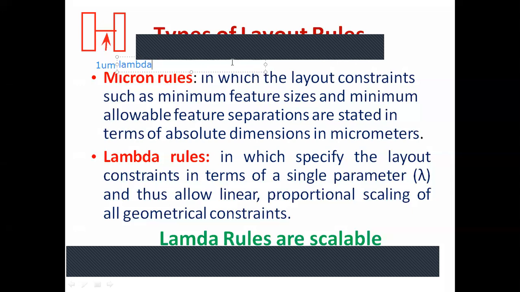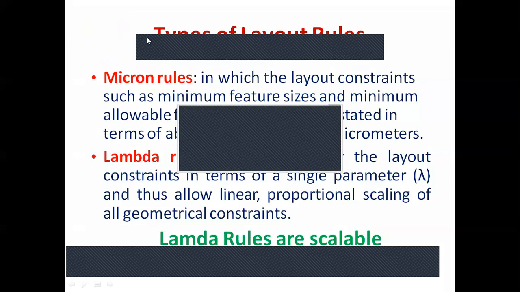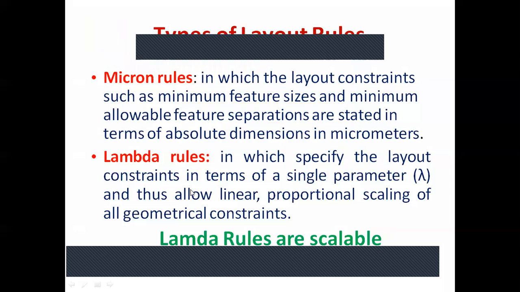Lambda is a single quantity. This might be 1 lambda, 2 lambda, 3 lambda, like that. So instead of 1 micrometer, if you change the value of lambda, then its value also gets changed. That is the difference between micron rules and lambda rules.